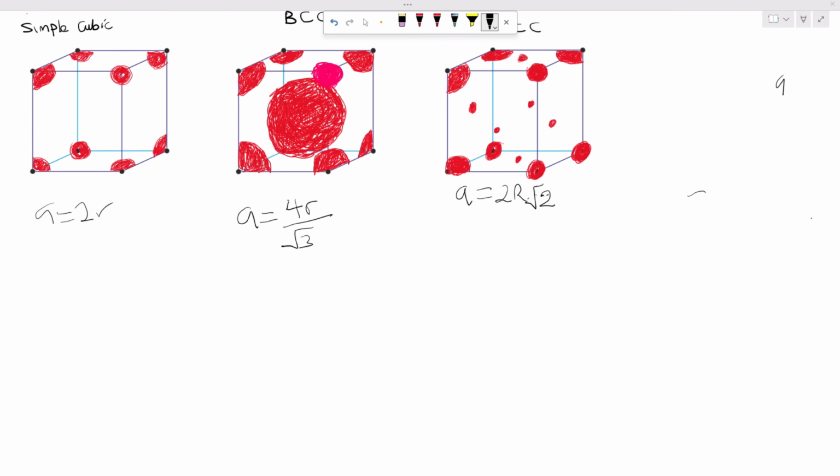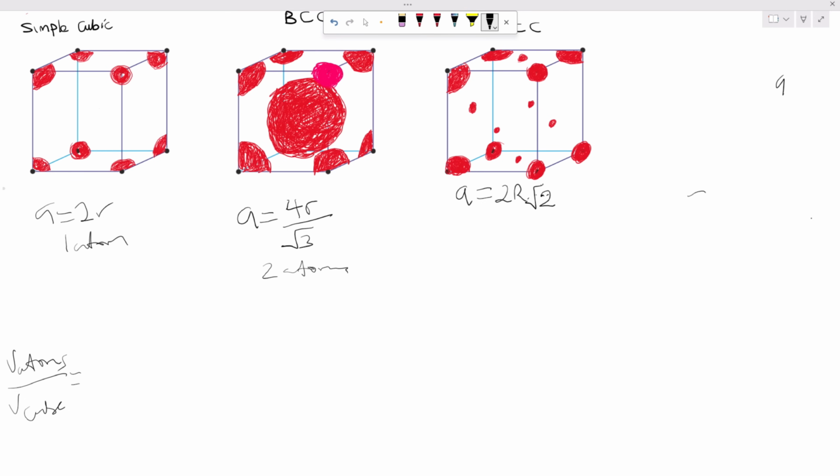We want to look for the APF, atomic packing factor. So we know that APF is equal to volume of atoms over volume of cube, or however your textbook defines it. So for the simple cubic, we said this guy has one atom. This guy has 2 atoms.